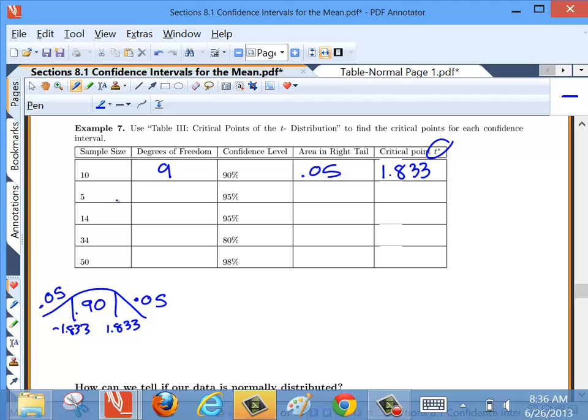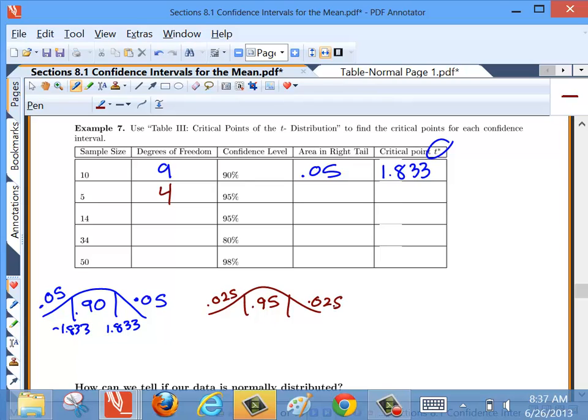For a sample size of 5, degrees of freedom are 4. I have 4 degrees of freedom. If I want a 95% confidence interval, I start with 0.95 in the middle. That gives me 0.025 for each tail.